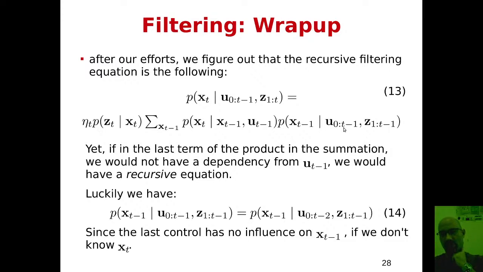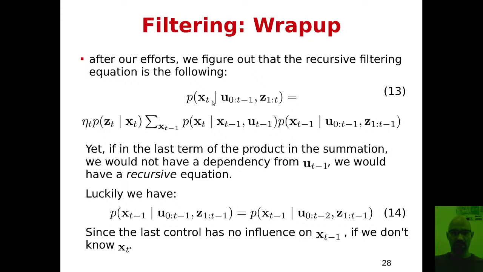Now we observe that if this term here would contain the control between 0 and t minus 2, then we could say that this probability distribution is just the estimated probability distribution at the previous instant, because it takes exactly the form of this equation over here, which is the belief at the instant t.